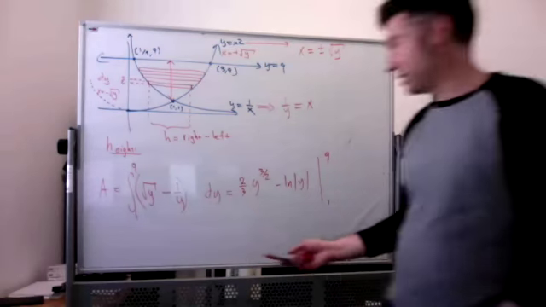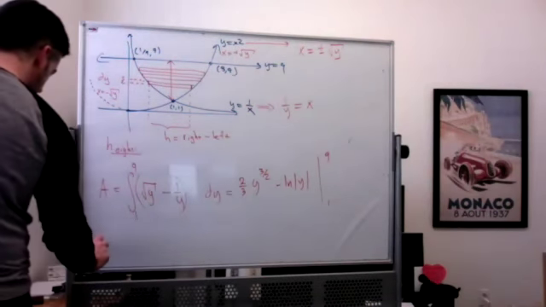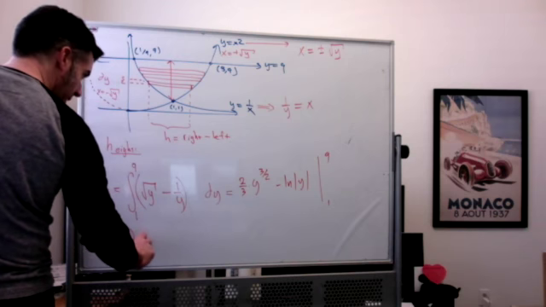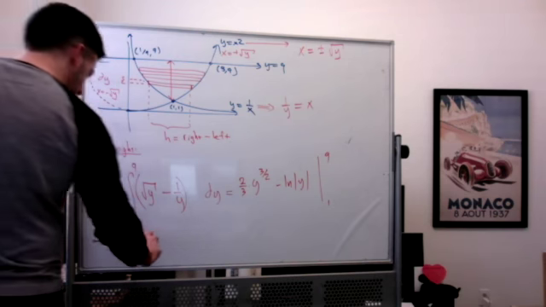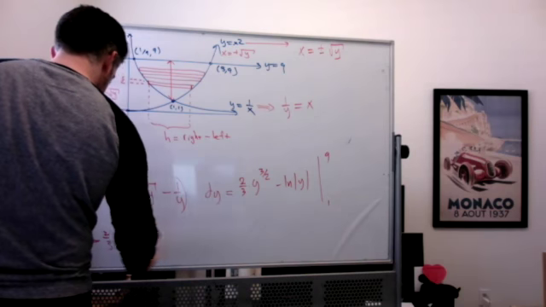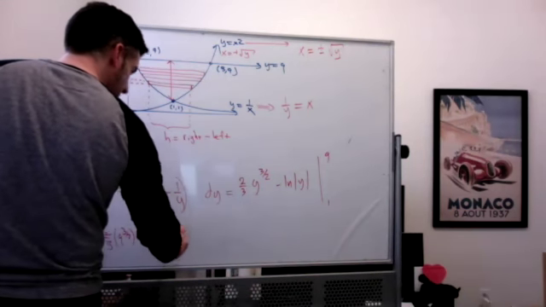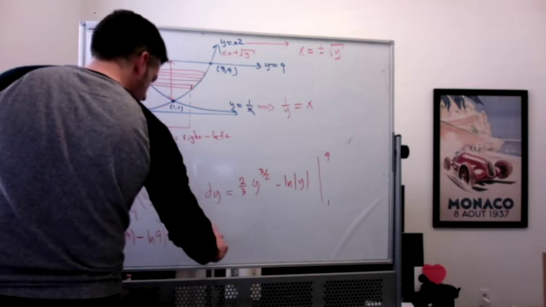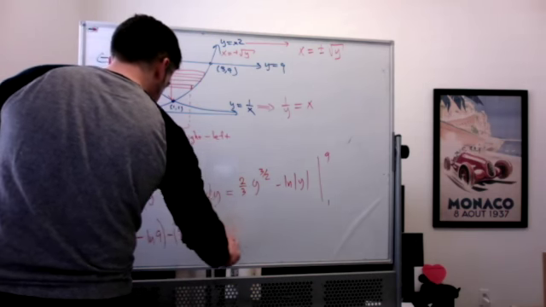And then if we plug this in, we're going to get 2/3 times 9 to the 3 halves minus 2 natural log of 9, minus 2/3 times 1 to the 3 halves minus the natural log of 1.